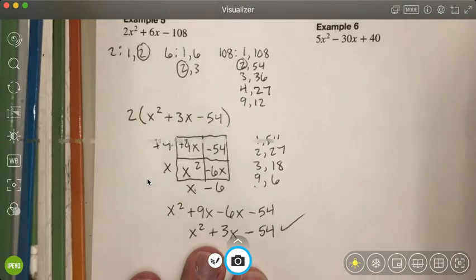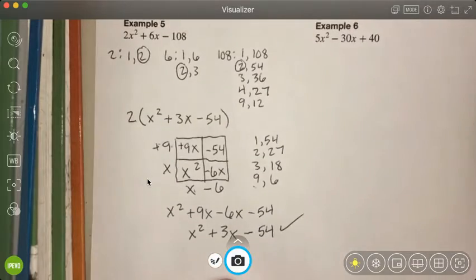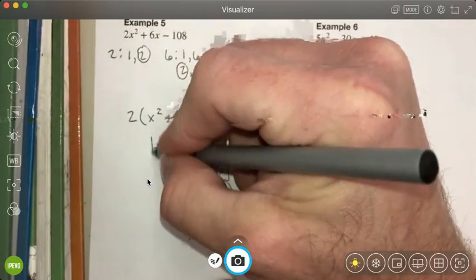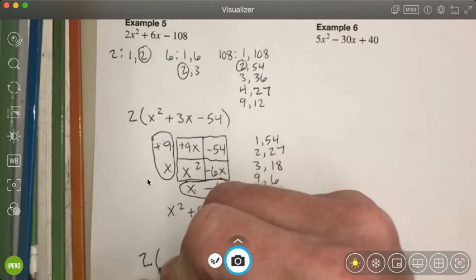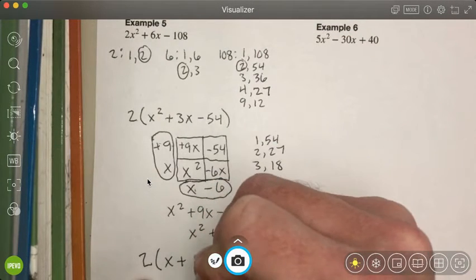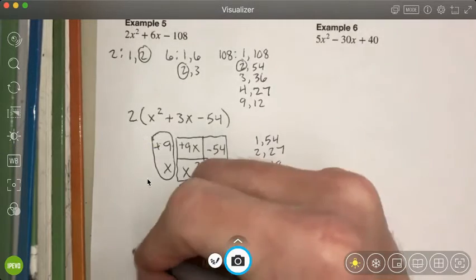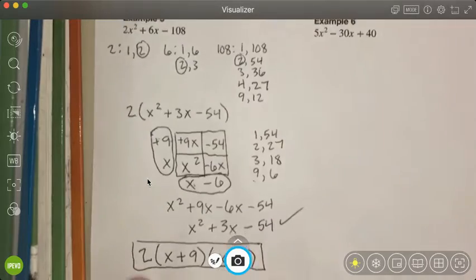We'll check mark that. So that means here are my two factors that work. So my final answer then is going to be this.